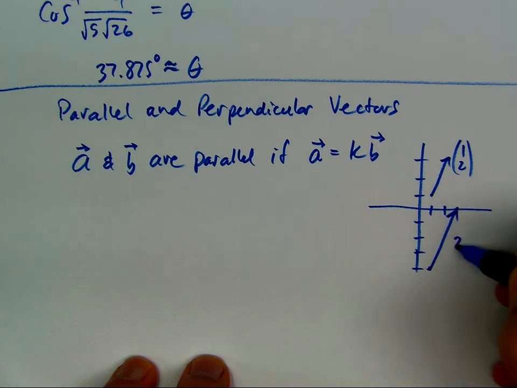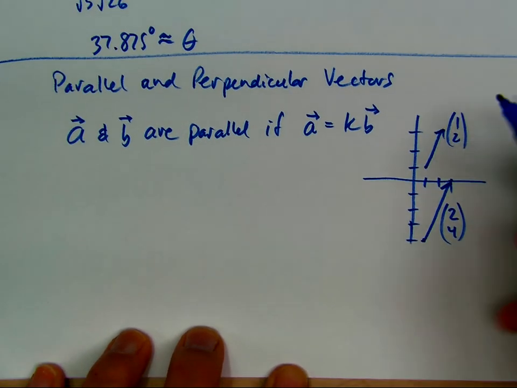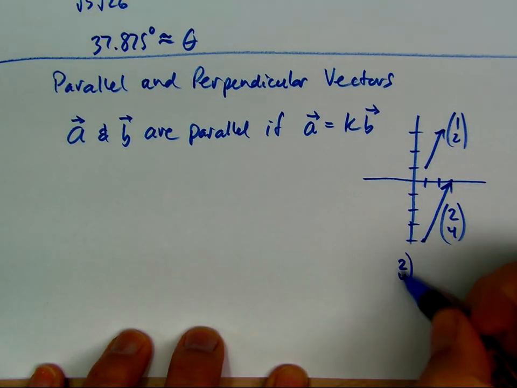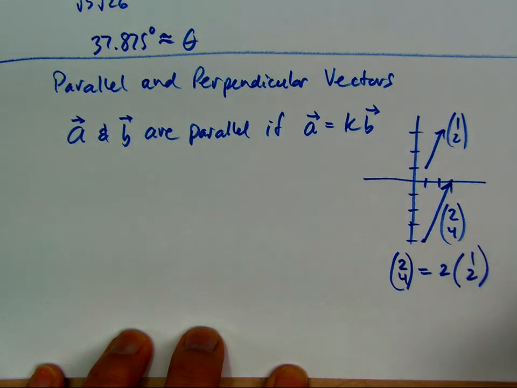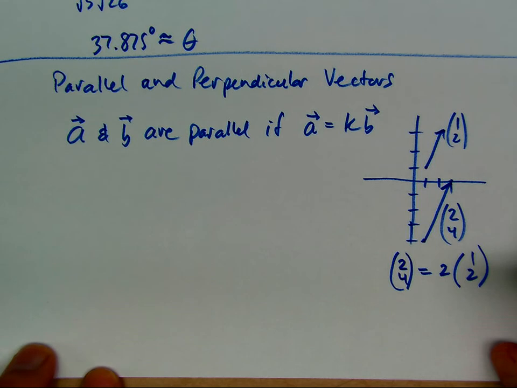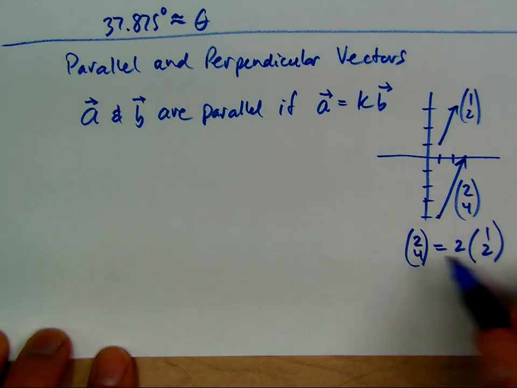This is the vector 2, 4. And we see that this vector is twice that vector. 2, 4 is a scalar multiple of 1, 2, and that means that they are parallel. And that's how we show parallel vectors.